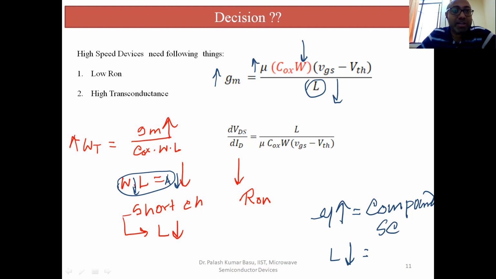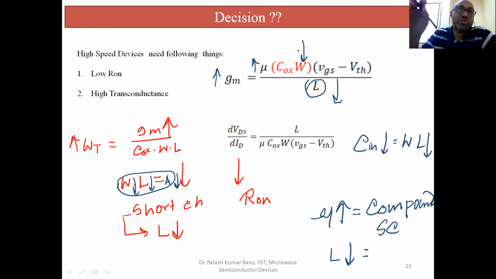Similarly, you see that my W by L ratio also has to decrease. So L also supports low C in. So you decrease L. I'll tell you later what the problem is when we have to touch W. But try to avoid any kind of manipulation on W as long as possible, if it is permissible.